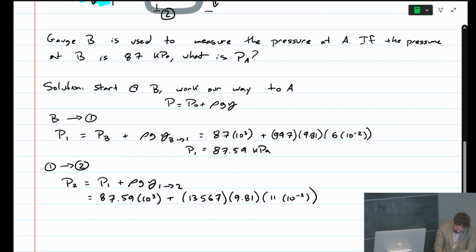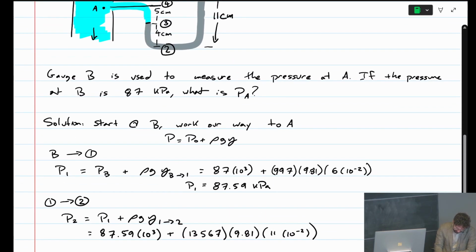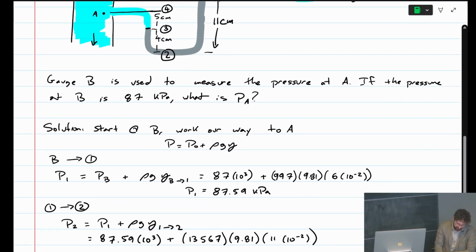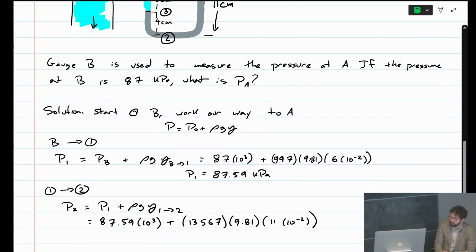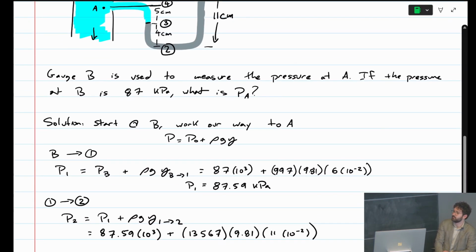So we're going 11 centimeters downward in the gray fluid, which has a very high density of basically 13,500 kilograms per meter cubed. That's basically mercury, I think.